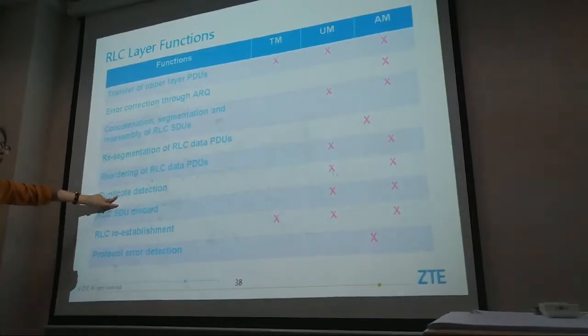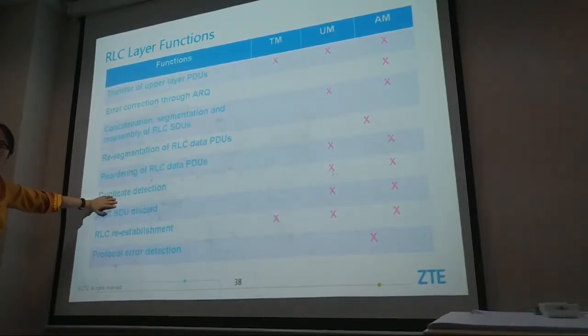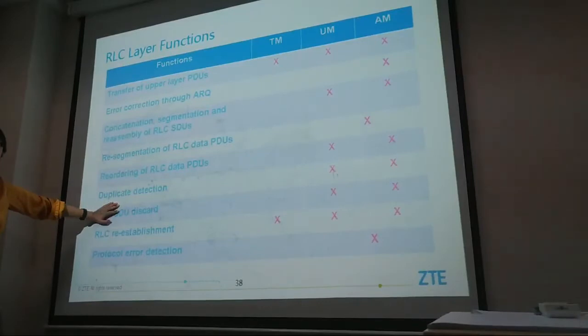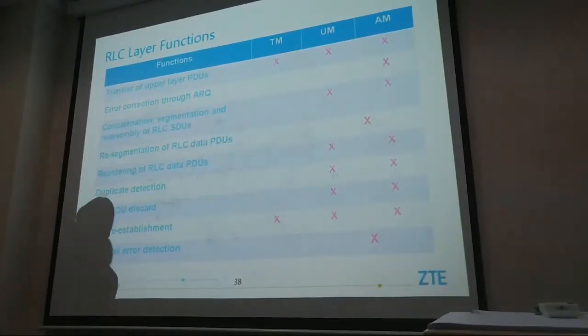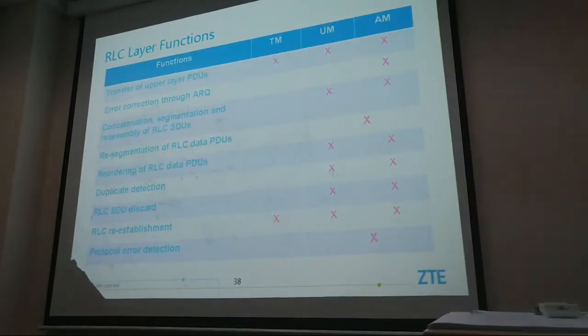And for duplicate detection, maybe I received the same data many times. So I need to detect whether there is a duplicate. If there is a duplicate, I will discard it. For example, for AM it's easier to understand, because we transmit the ACK or NACK. Maybe the other end will decode it wrongly.